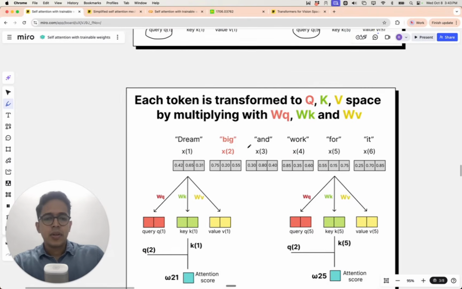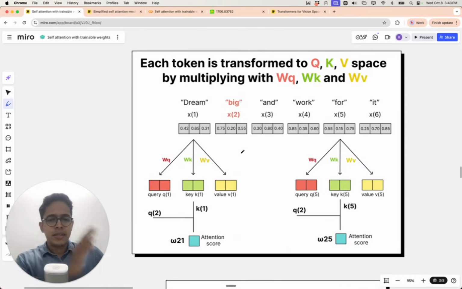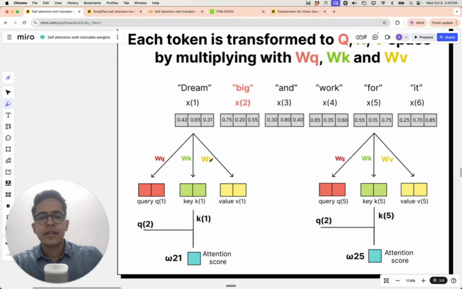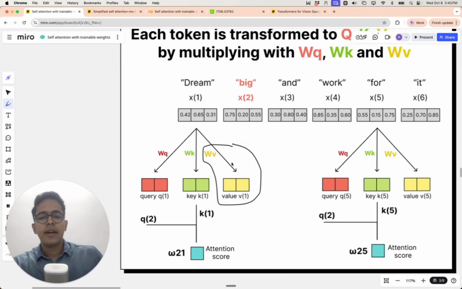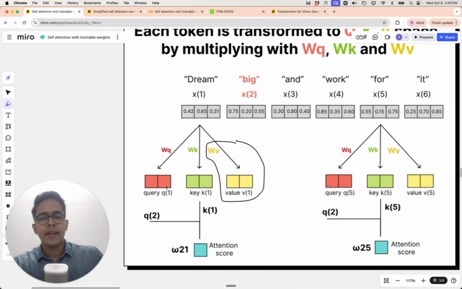Then we constructed attention scores. To construct attention scores, we did not use the value vector at all, so just ignore that part for a moment. What we did was simply take a dot product between the query vector and the key vector.